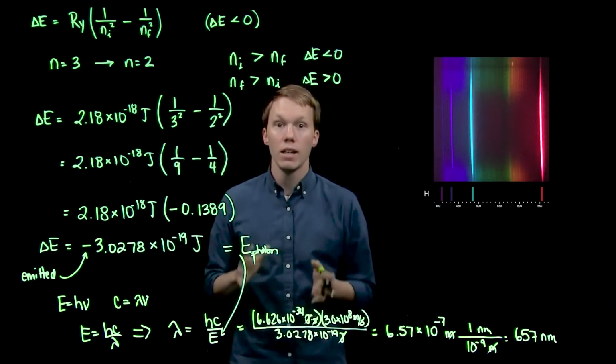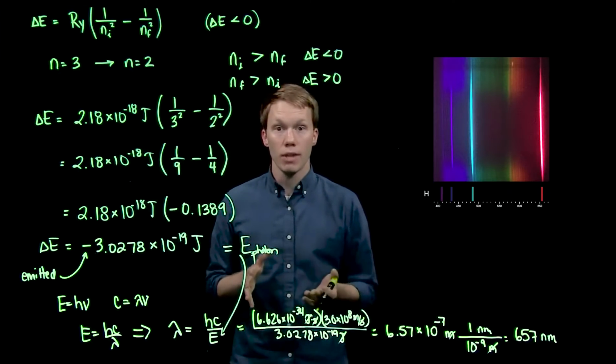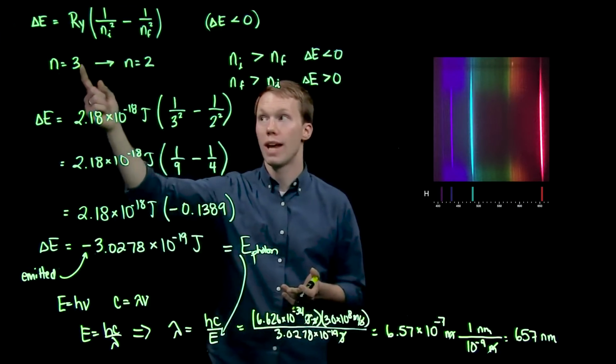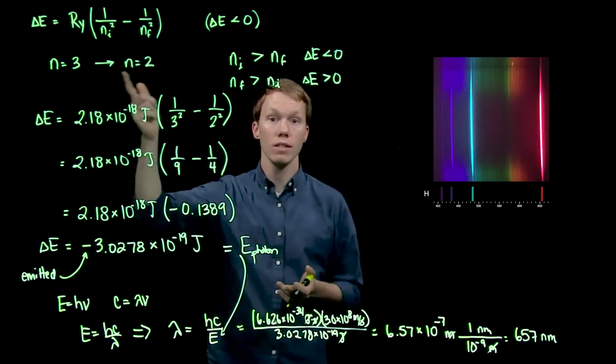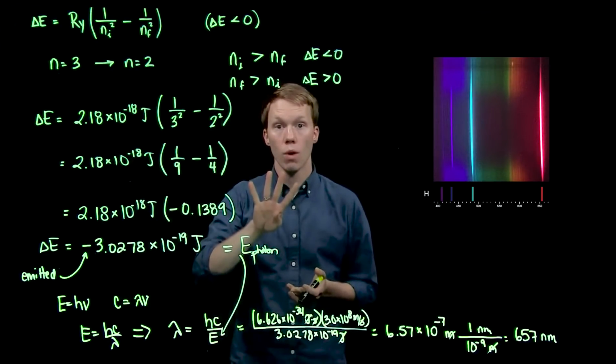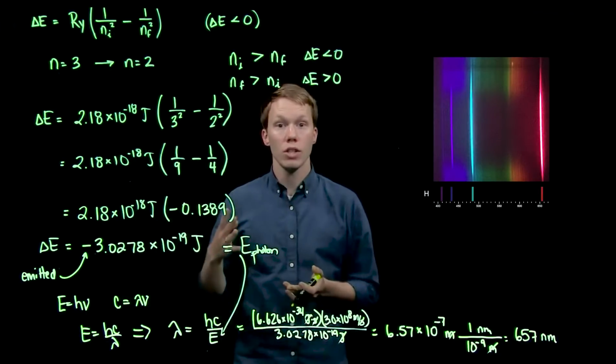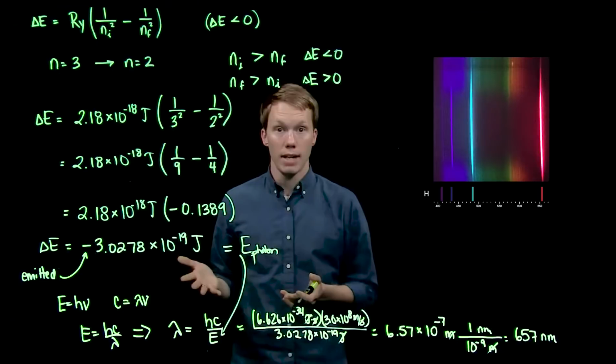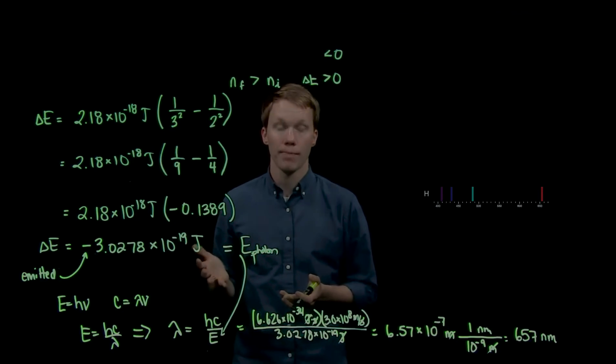And here's a little hint. Those lines that you see in the visible spectrum are transitions that end at n equals 2. So we could do n equals 3 to 2, 4 to 2, 5 to 2, and 6 to 2. And those would be the 4 lines that we see in the visible spectrum. Other transitions will result in UV or IR light being emitted. And we won't see that with our eyes, but it's there.